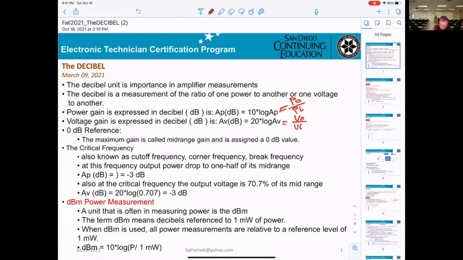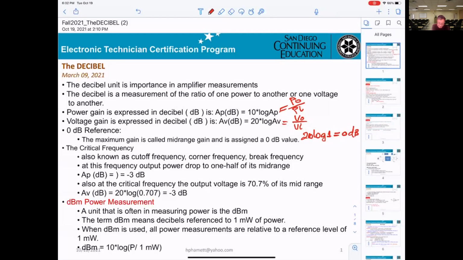If you take 20 log of 1, what do you think you get? You take your calculator, press number 1, take the log, times 20. 0. Okay, that means you get 0 dB.